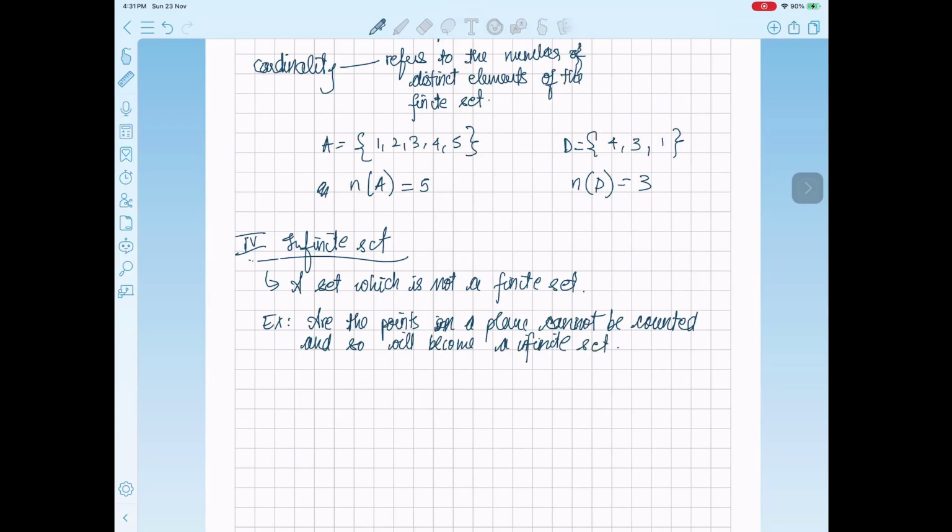Then there are what are known as equal sets and equivalent sets.